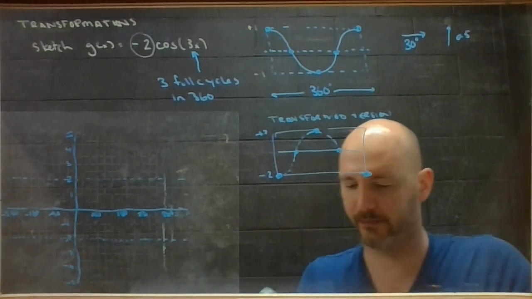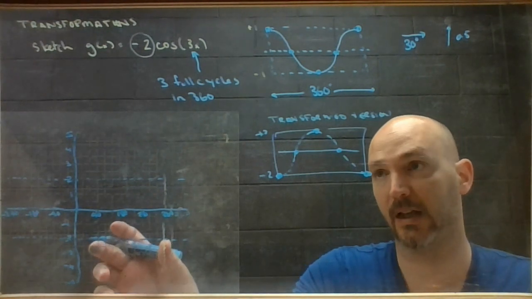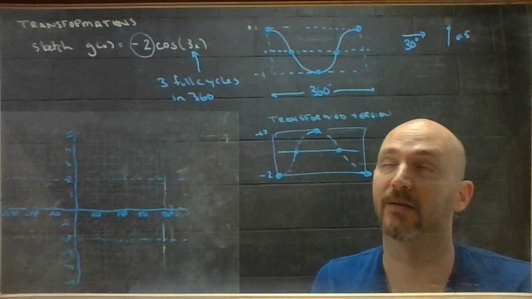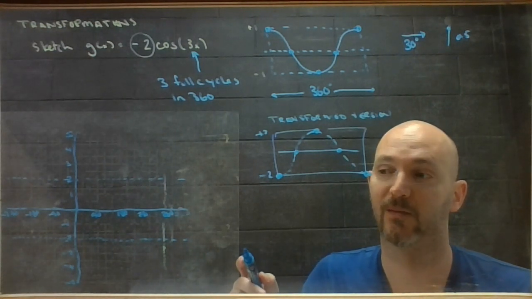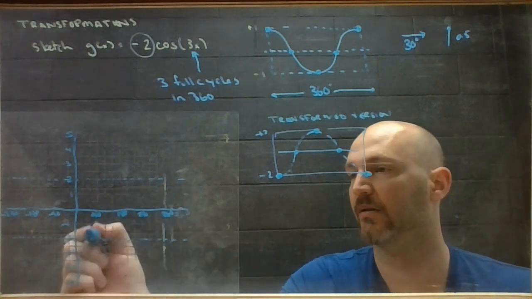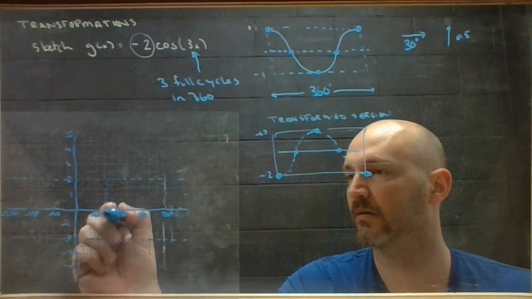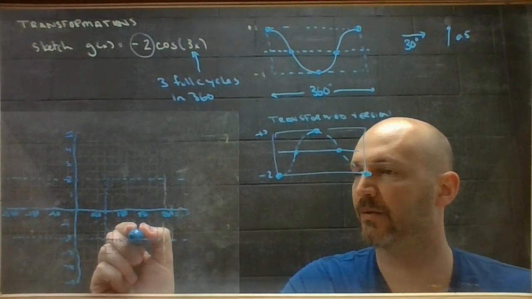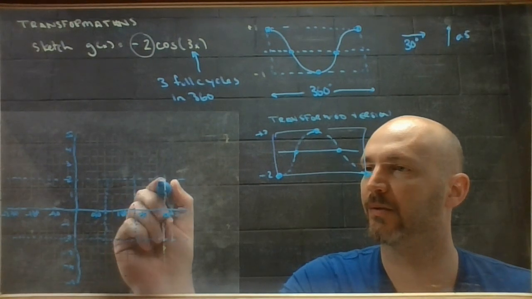There we go. 12 squares, and I need to fit 3 full cycles in there. So if you chop 12 up into 3 equally sized parts, that's 4 squares each. So 1, 2, 3, 4. 1, 2, 3, 4. 1, 2, 3, 4. Perfect.